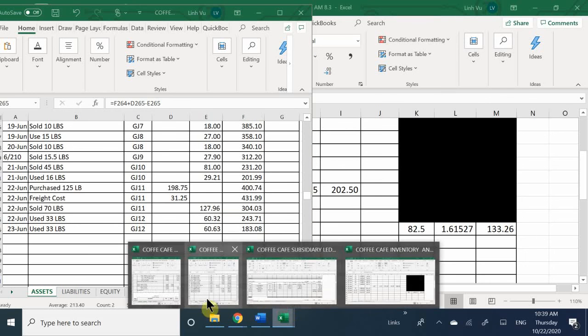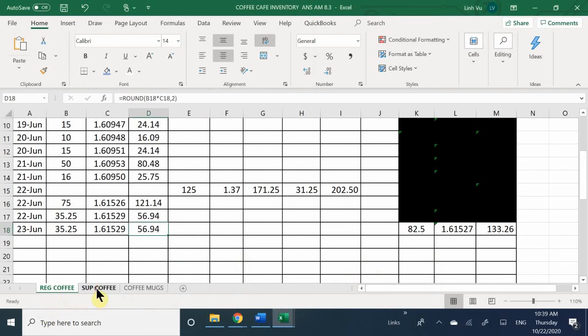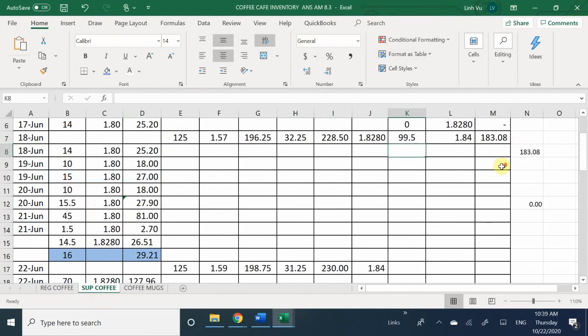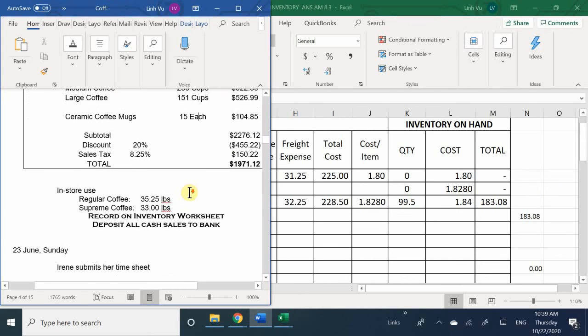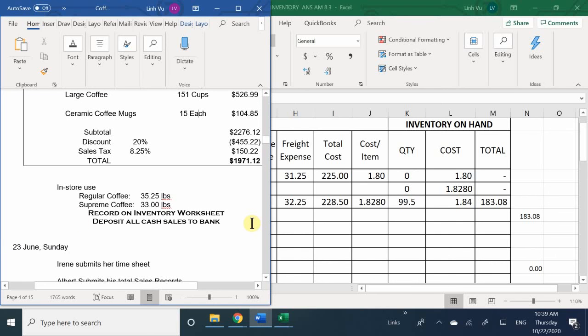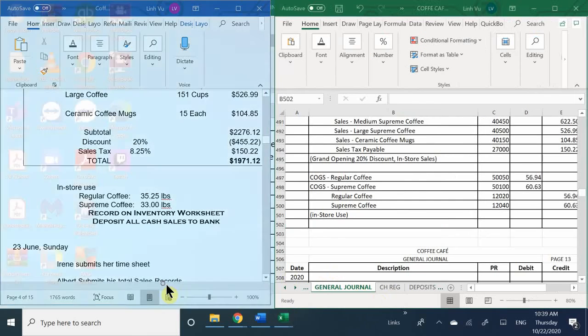And if we go to our inventory on hand, that is exactly how much we have. 183.08. Good.